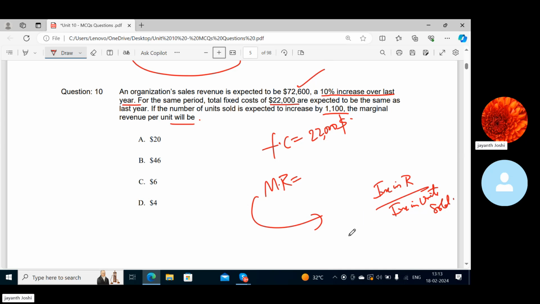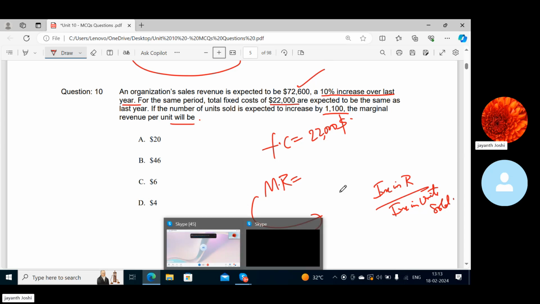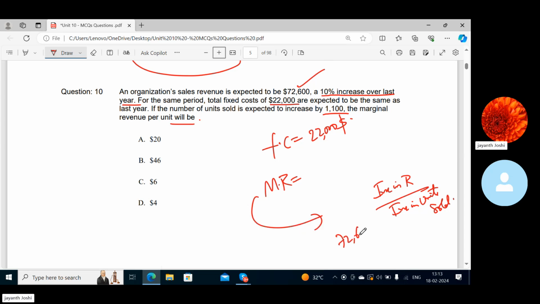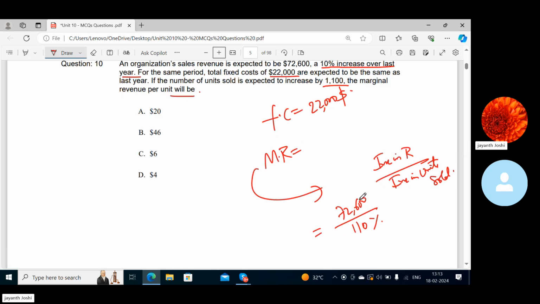We know the organization's sales revenue is expected to be 72,600, a 10% increase over last year. That means last year it would have been something else, correct? After the 10% increase, the revenue is this.